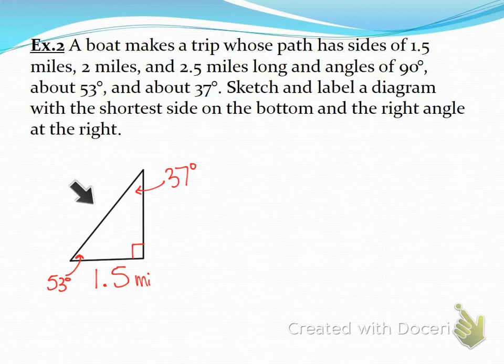So it's on the hypotenuse. The hypotenuse needs to be the 2.5 because that's across from our biggest angle, which is 90 degrees. That leaves the 2 miles to go on the other side. Questions, concerns? We're all okay with this idea of matching up opposite sides and angles?